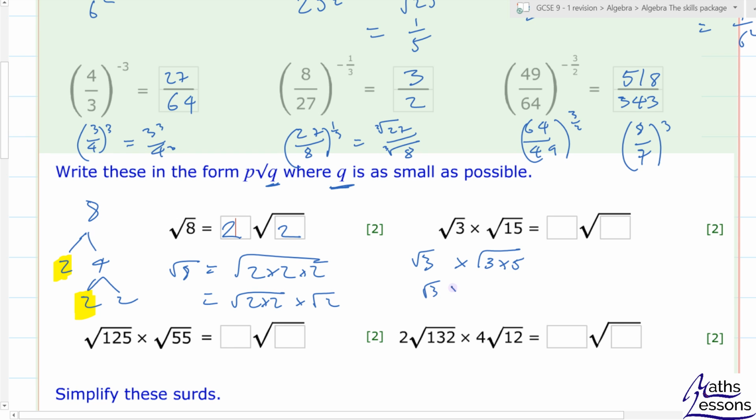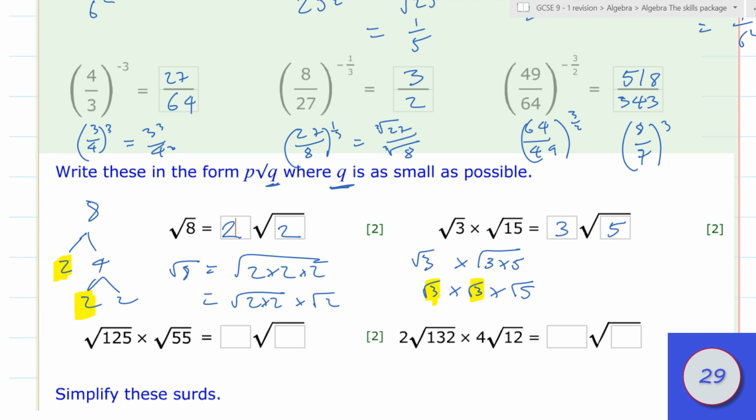So we've got root 3 times root 3 times root 5. And again, we have a pair, which is a square, so the square root of 3 times the square root of 3 is the square root of 3 all squared. That undoes the square root, so it just leaves us with 3 here. And we get root 5. There are no square numbers in 5, so that's our number that goes in the root. I'll give you 30 seconds to do the next two. See how you get on.